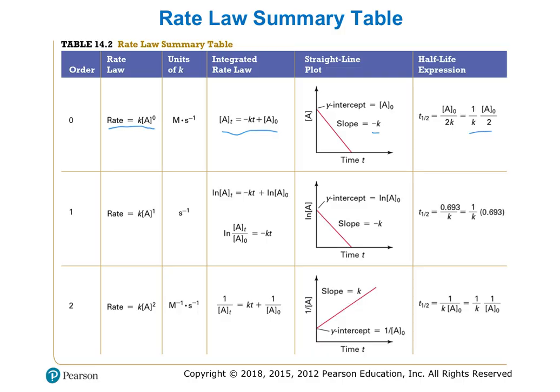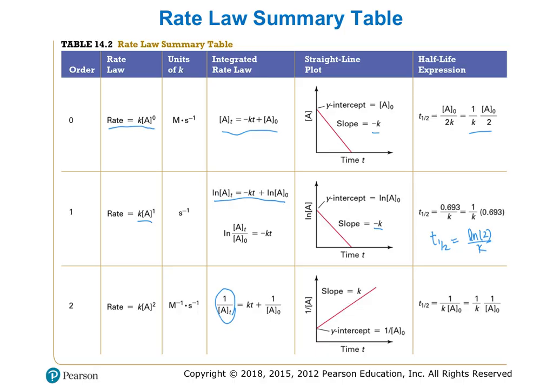For first order reactions, our rate law is K times A to the first. Our integrated rate law involves a natural log. And then our slope, when we plot the natural log of our concentration versus time, our slope is equal to negative K, and our half-life is equal to the natural log of 2 over K, which is 0.693 over K. For second order reactions, our rate law is K times A squared, and our integrated rate law is we use an inverse function.